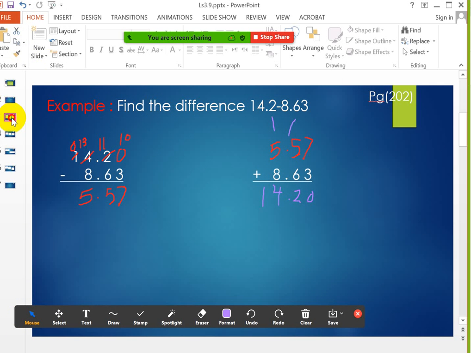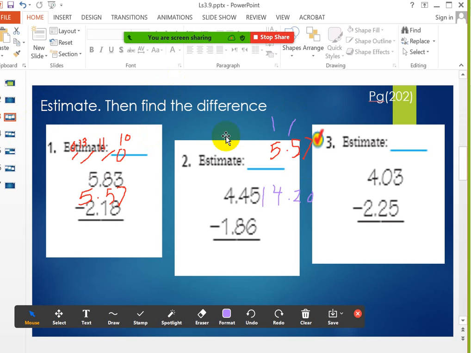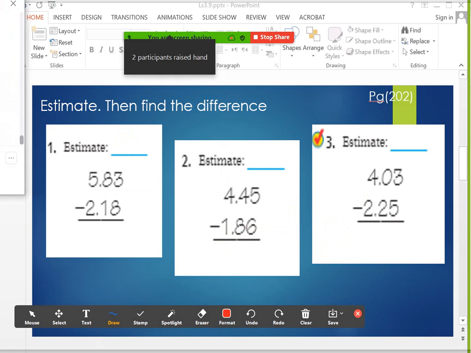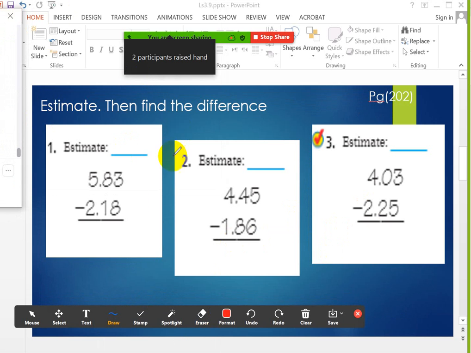Now let's move to the first exercise on page 202, and I will solve numbers 1, 2 and 3, and if I have time I will give you the last 3 exercises. Let's start with number 1. I want you to share your answers with me in the chat.